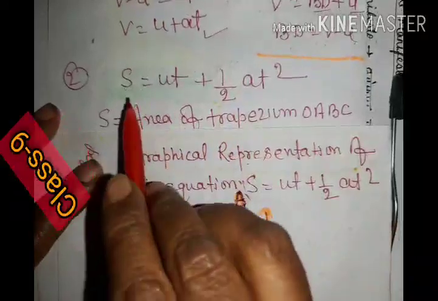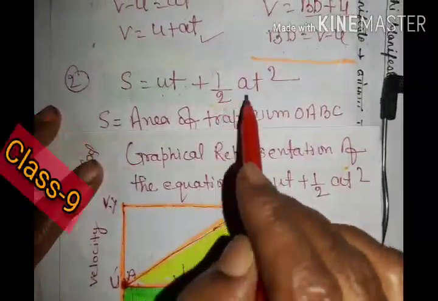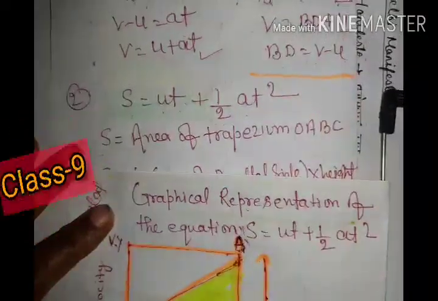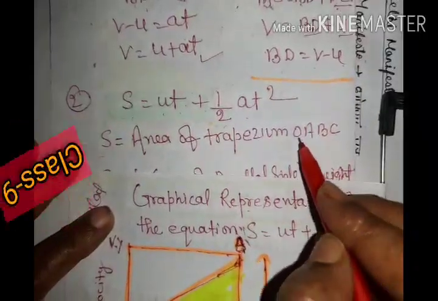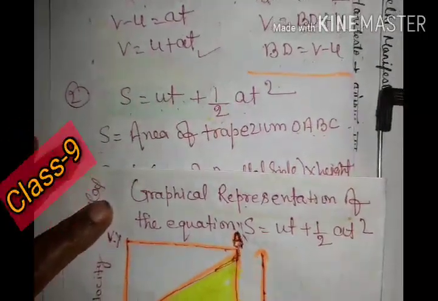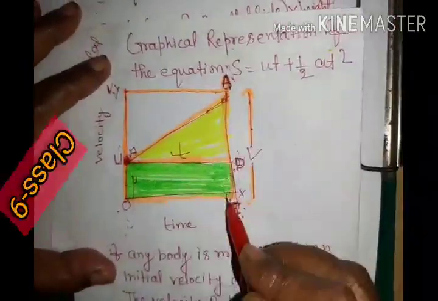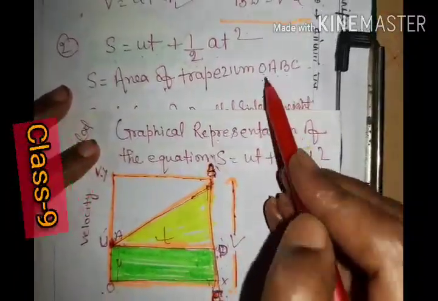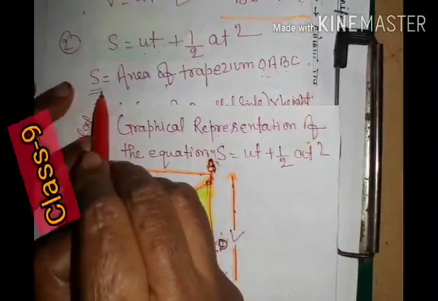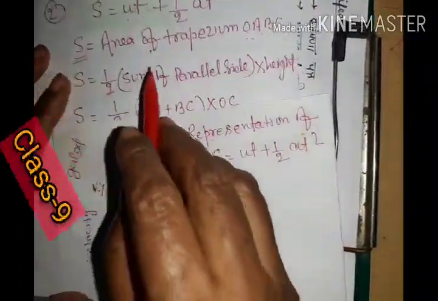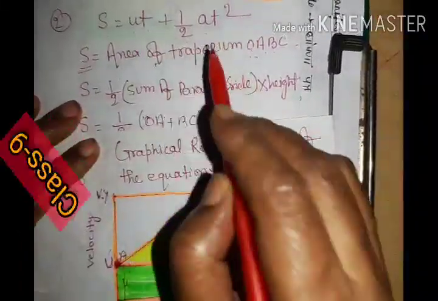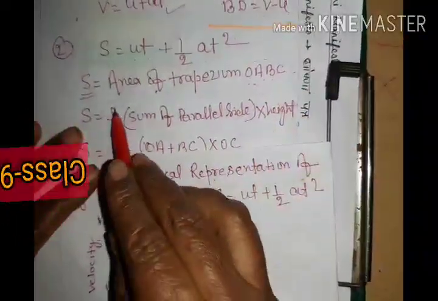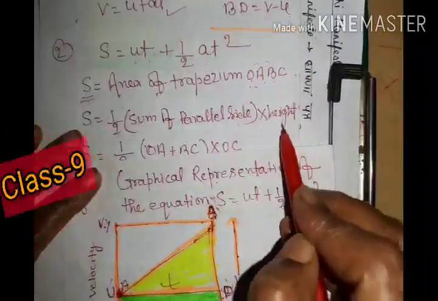Second equation, S is equal to ut plus half at square. S is equal to the area of the trapezium OABC. This is the figure, a trapezium. If we find the area of the trapezium, then it is the displacement or distance. Area of the trapezium is half into sum of the parallel sides into height.